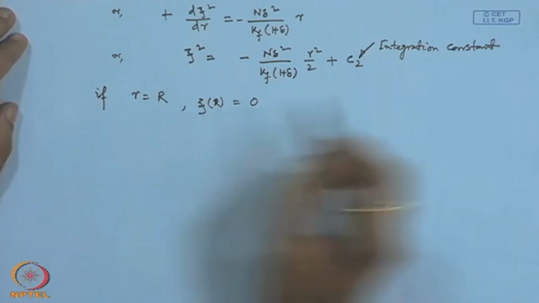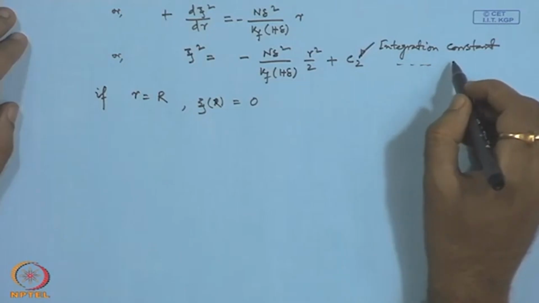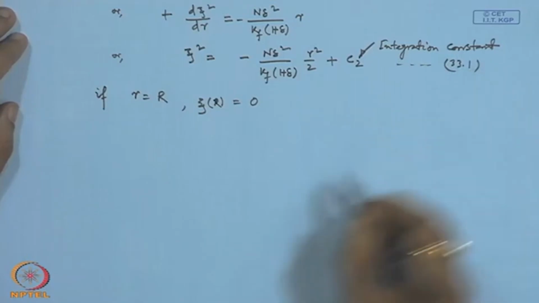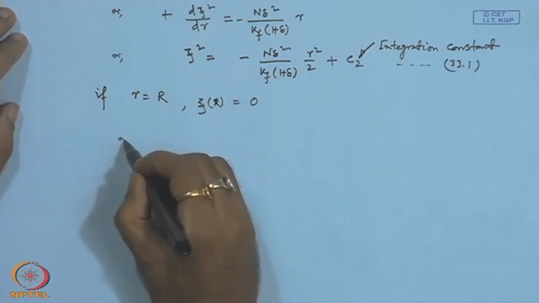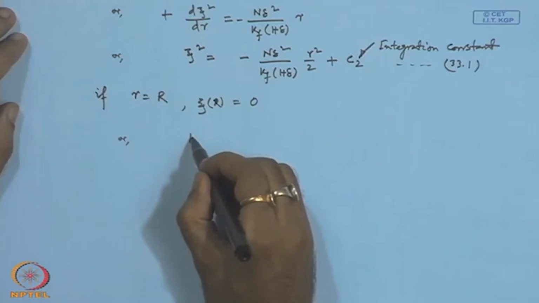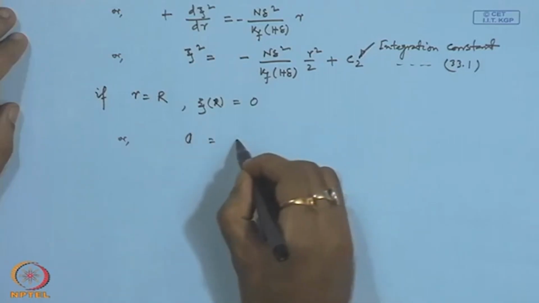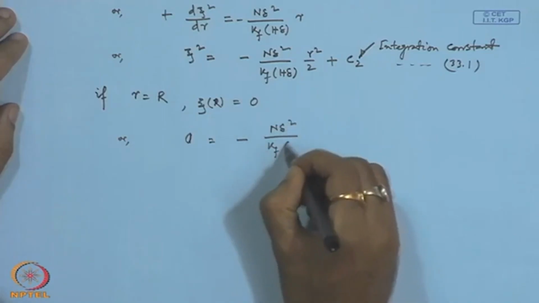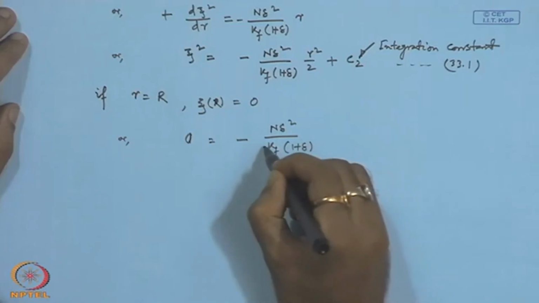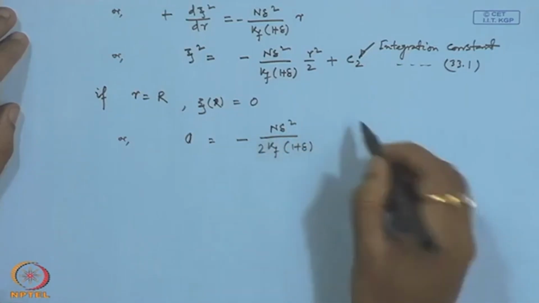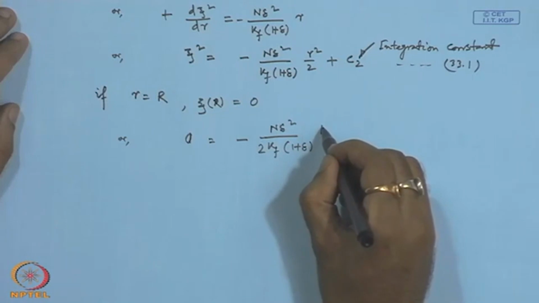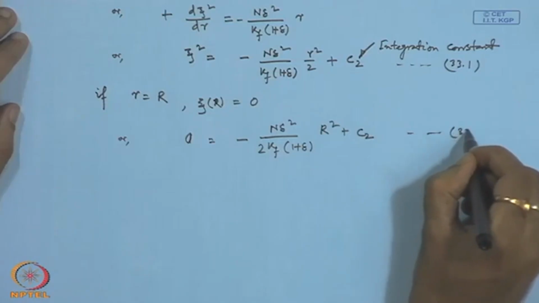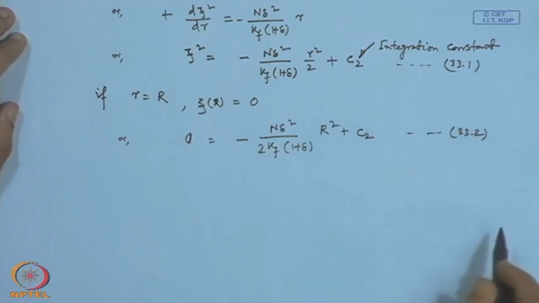So, with this let us write this as 33.1, and next one we can just write it as 0 equals to minus n delta square by Kf into 1 plus delta, and this is capital R square plus C2, and we can write it as 33.2.